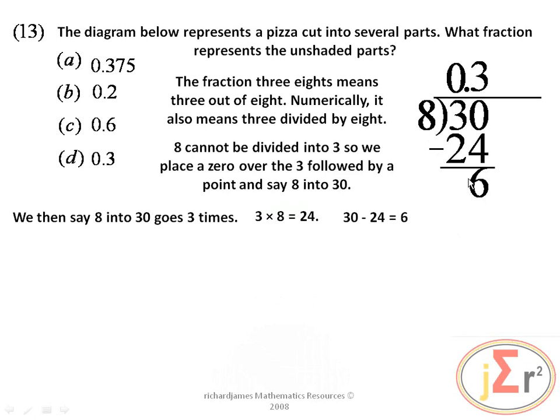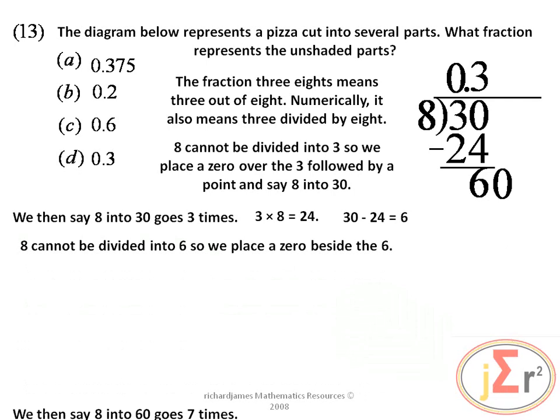Then 8 into 6, of course, you know that is not possible. We cannot divide 8 into 6, so we place a 0 beside the 6, to the right of the 6. There we have it. We then say 8 into 60 goes 7 times.